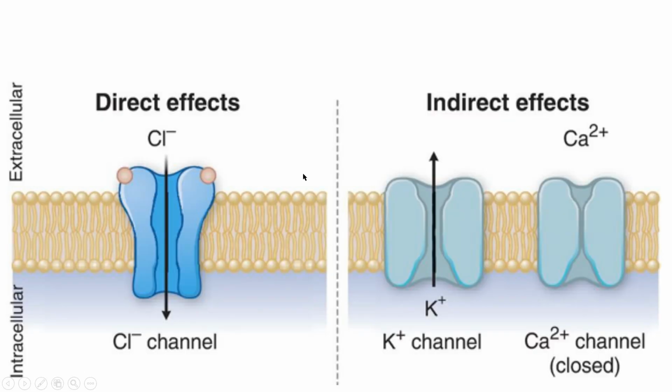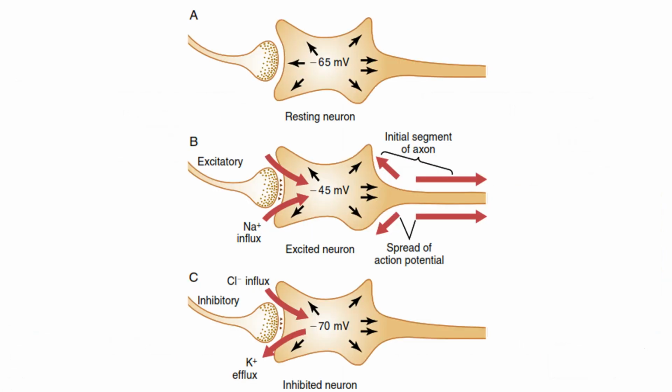They are very common. Look here, they bind at this chemical binding site. When they bind, they cause opening of either the chloride channel directly, or indirectly the potassium channel opens, and the calcium channel closes. If a sodium channel is there, they will close the sodium channel, right? Indirect means they are acting through the G protein or some other second messenger.